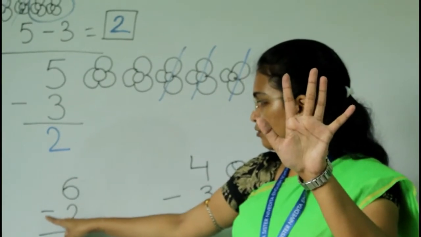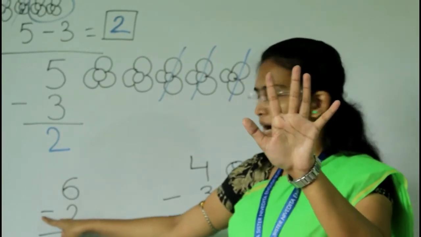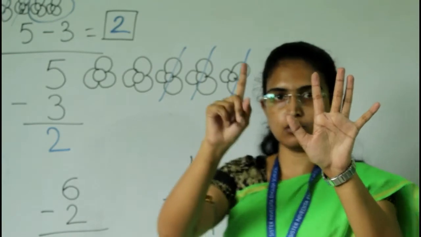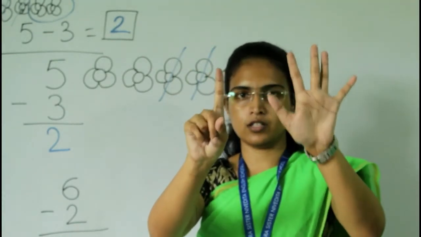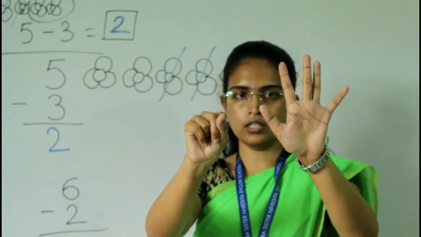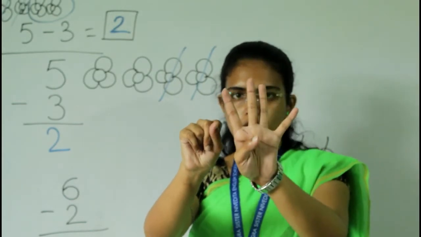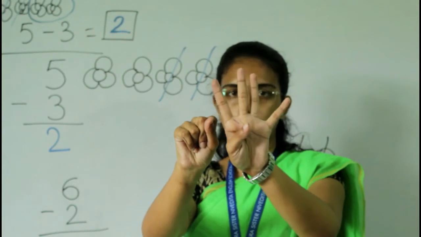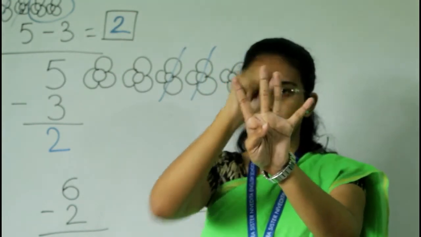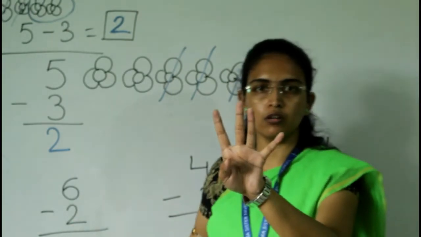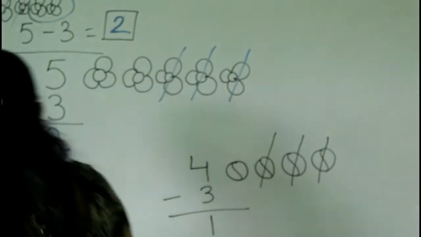What do we have to do? We have to minus 2. We have to cut 2. Okay? So from 6, this is 6 fingers. 1, 2. If I close these 2 fingers, then how many fingers are left? 1, 2, 3, 4. So 6 minus 2 equals 4.